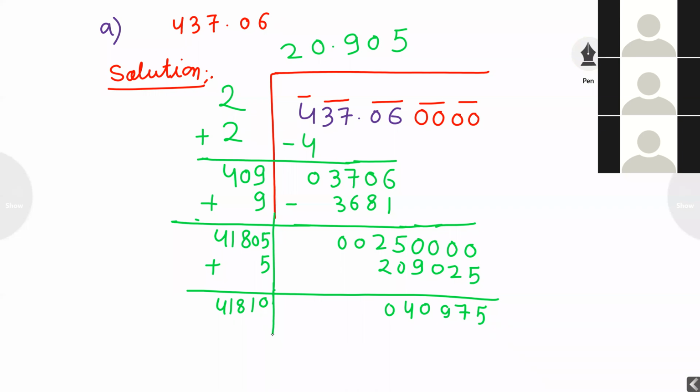I hope, students, you got how to solve this question. Those who have not completed, note down. Note down, everyone, those who have not completed.